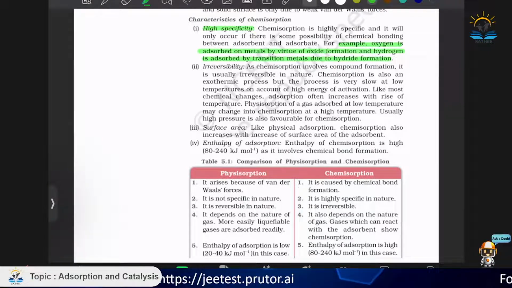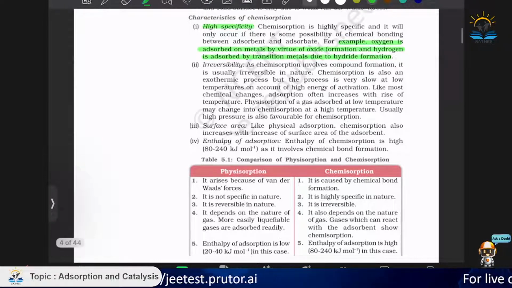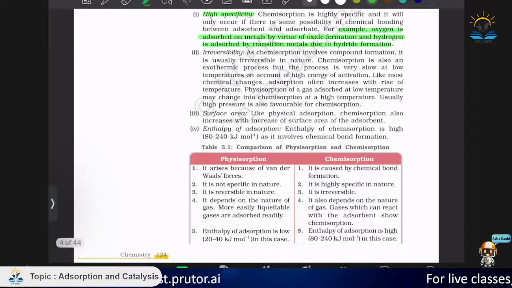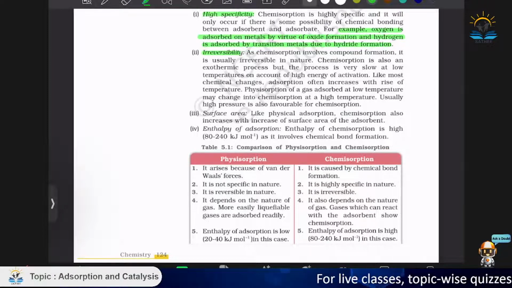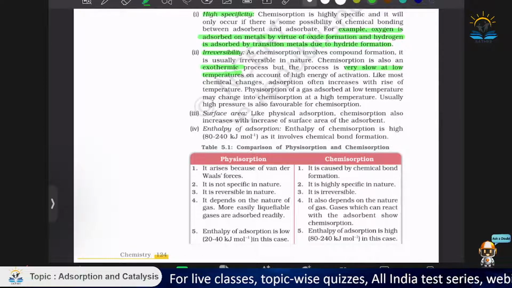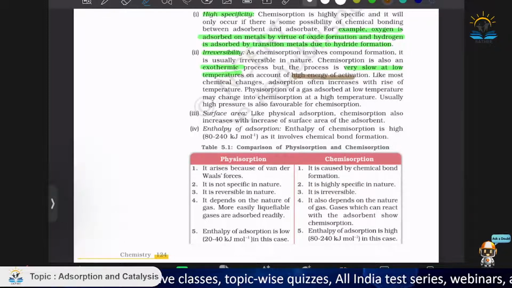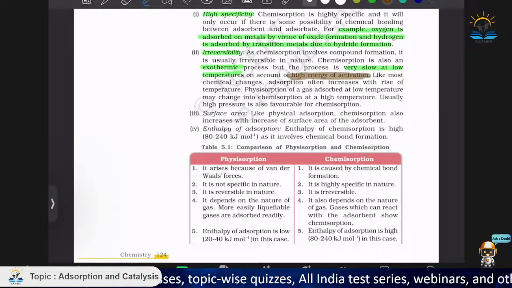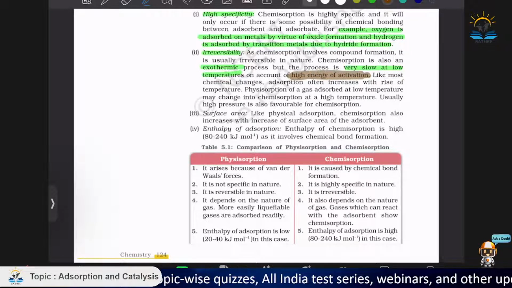So oxygen is adsorbed on metals. Why? Because it forms oxide there. It is irreversible because it is a chemical process. It is an exothermic process, but very slow at low temperatures because it has, this is an important point, high energy of activation, a relevant thing which we should remember.